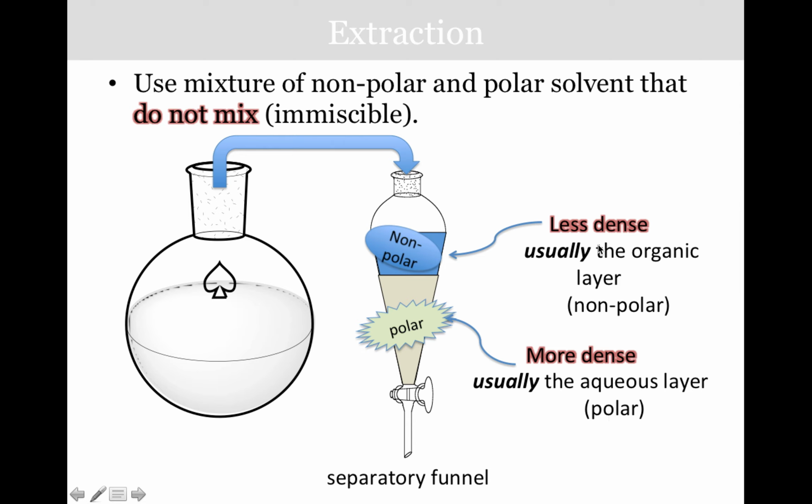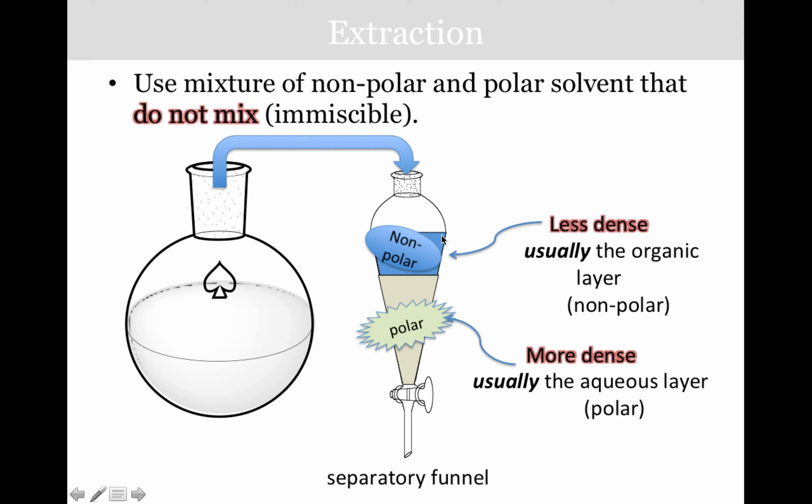And the other thing is, how do you know which layer is which? Usually you look for the density of the organic solvent. So usually the bottom phase is more dense, and that's usually the aqueous layer, water. Organic layers are usually less dense, and that forms the top layer.